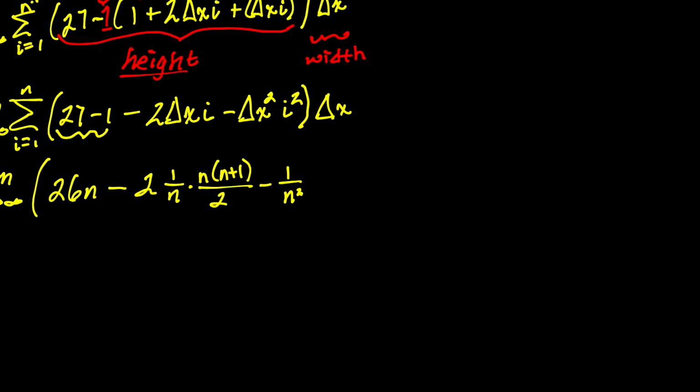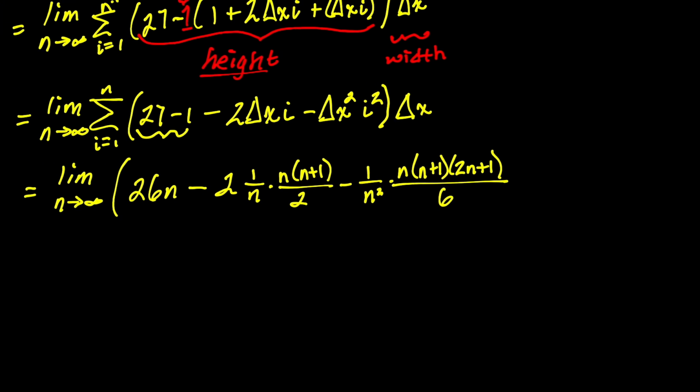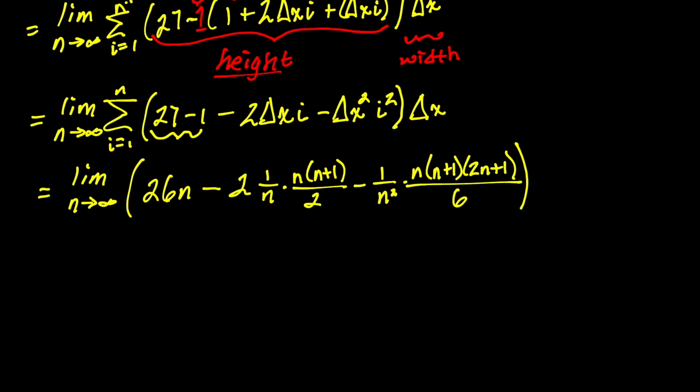So minus n times n plus 1 times 2n plus 1 all over 6. And that is still all being multiplied by the width of each one of these rectangles, 1 over n.